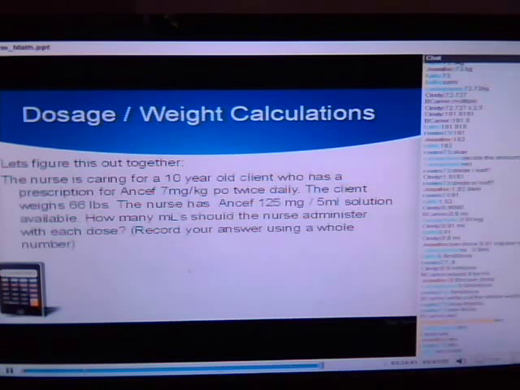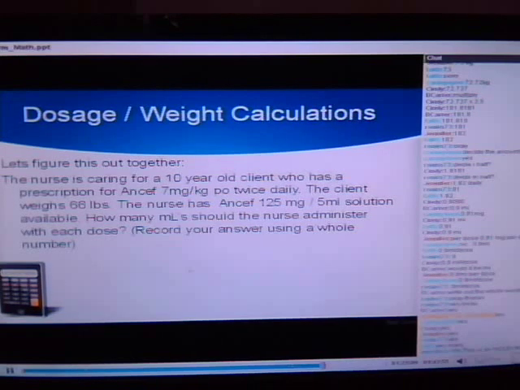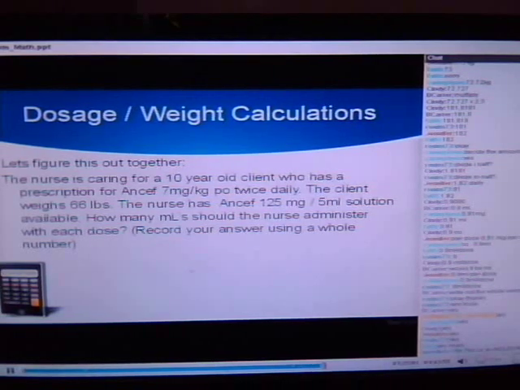Now, I'm telling you right now, pay attention to the twice daily. We already know that we have to change the kilograms to... Do we have to do that? Yeah, he's 66 pounds. So I'll just write the steps.